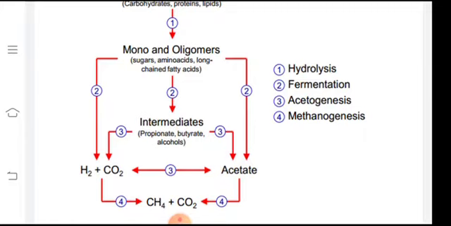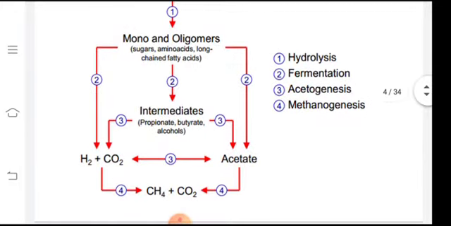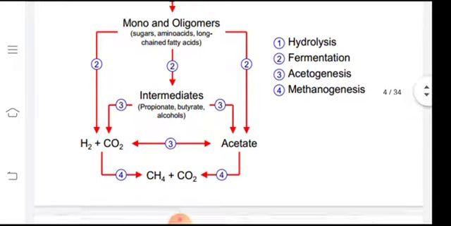The longer chains will be reduced, and finally we will get some acetates which will be converted to CO2, H2O and CH4 and finally released. So these are actually four processes: hydrolysis, fermentation, acetogenesis, methanogenesis.